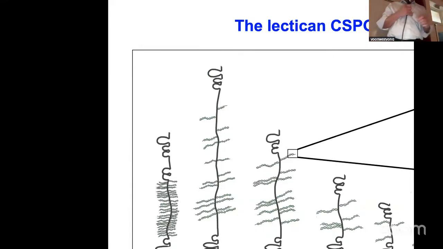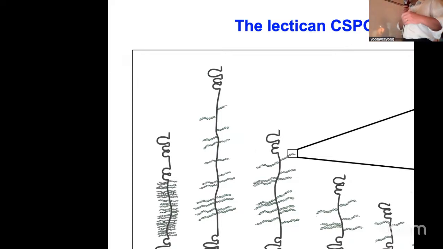Again, apologies. So again, coming back to the CSPGs, it is a broad family. A subset of the CSPGs is the lectican binding CSPGs. And these are the members of the lectican CSPGs.